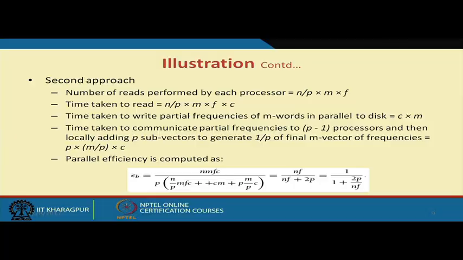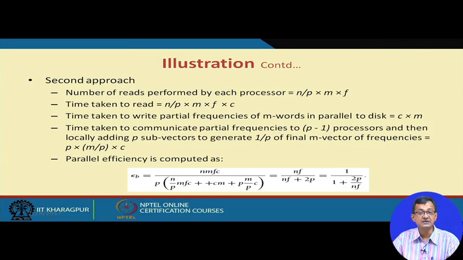Time taken to communicate partial frequency to p minus 1 processors, and then locally adding p sub vectors to generate 1 by p of the final m vector of frequencies, then what we have is p into n by m by p into c. So, what do you need to do?